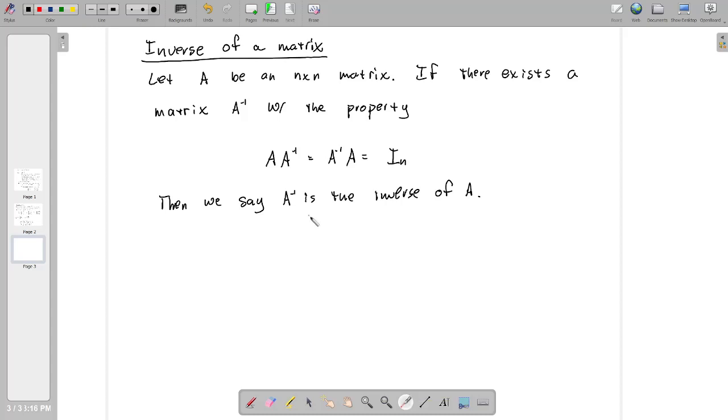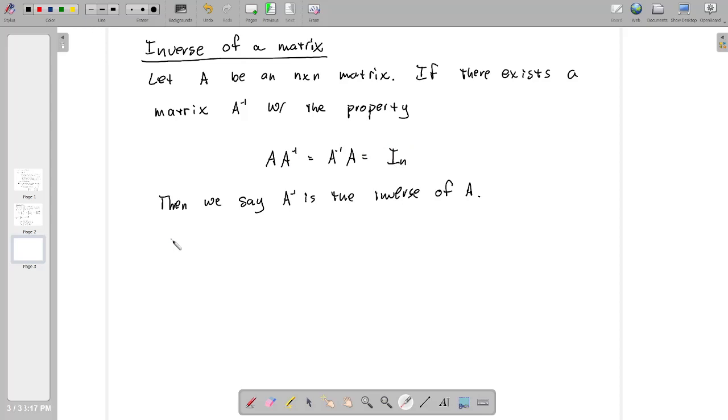It's not exactly correct to state it that way. We call this A inverse. The reason I didn't want to call it A inverse here was because we're defining it here, and calling it the inverse of A doesn't make sense when we are trying to define something. But A times A inverse will equal I, and A inverse times A equals I.